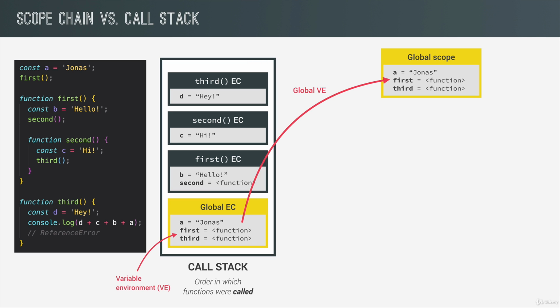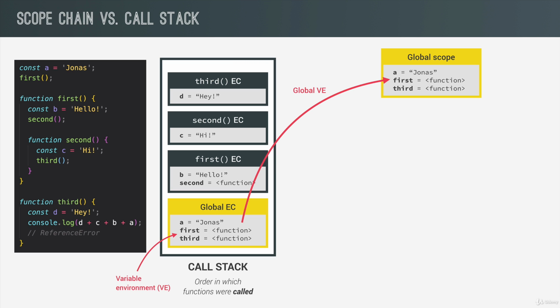And given everything we've learned so far, that makes sense, right? And note that in this example, I am actually including functions in each scope, unlike we did in the previous slide. Now, in the global scope, we also call the first function, which is the reason why we have an execution context for it in the call stack.